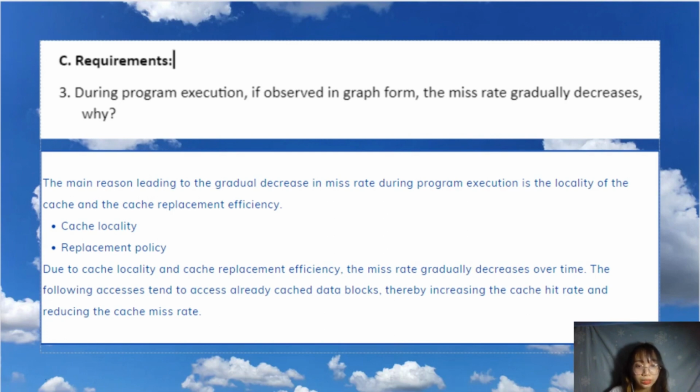So due to the cache locality and the cache replacement efficiency, the miss rate gradually decreases over time, and the program access tends to access already cached data blocks, thereby increasing the cache hit rate and reducing the cache miss rate.